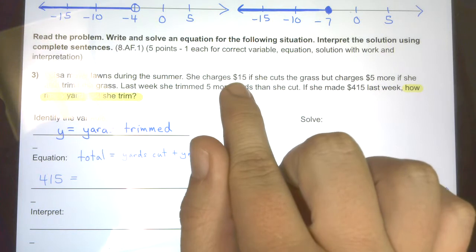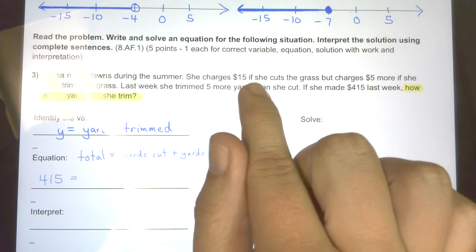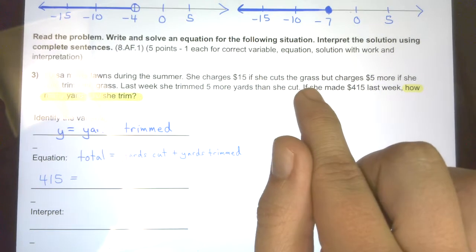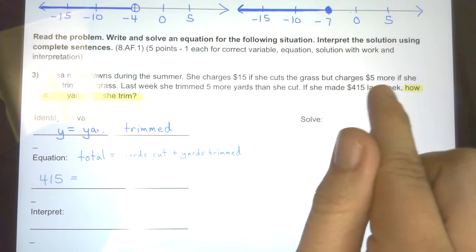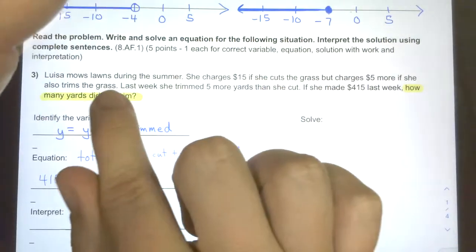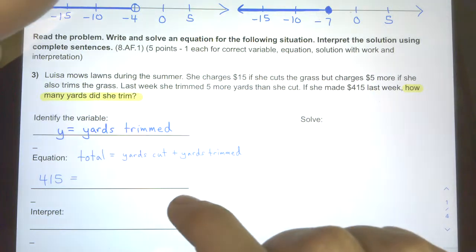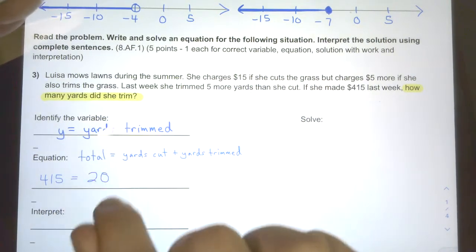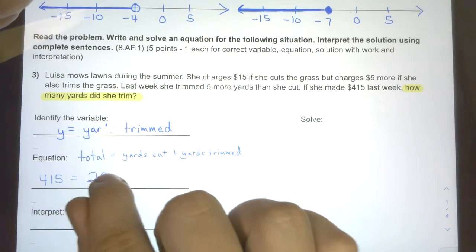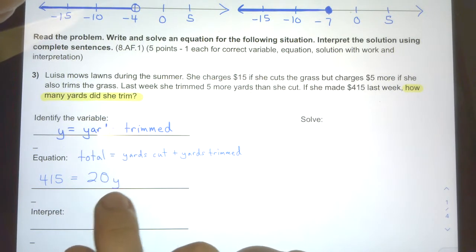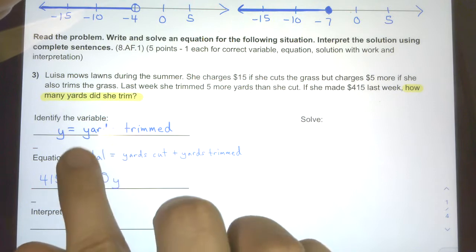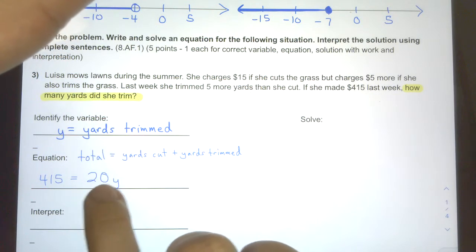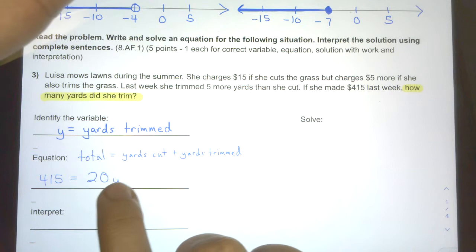So she charges $15 if she cuts the grass, but 5 more if she also trims the grass. So I said, okay, let's take $20 because that would be cut and trimmed, and throw y on there. So y would be our yards trimmed, but it would be $20 for the cost of the yards trimmed and cut. So that's what I have.